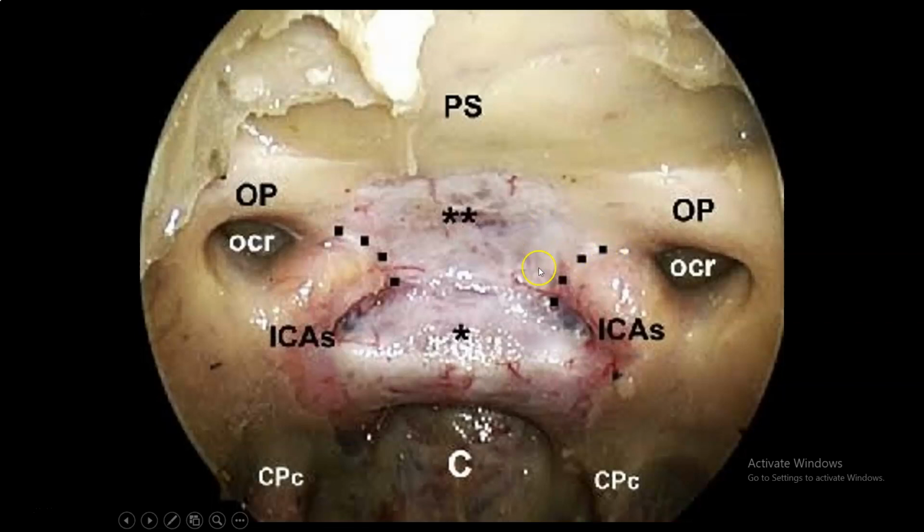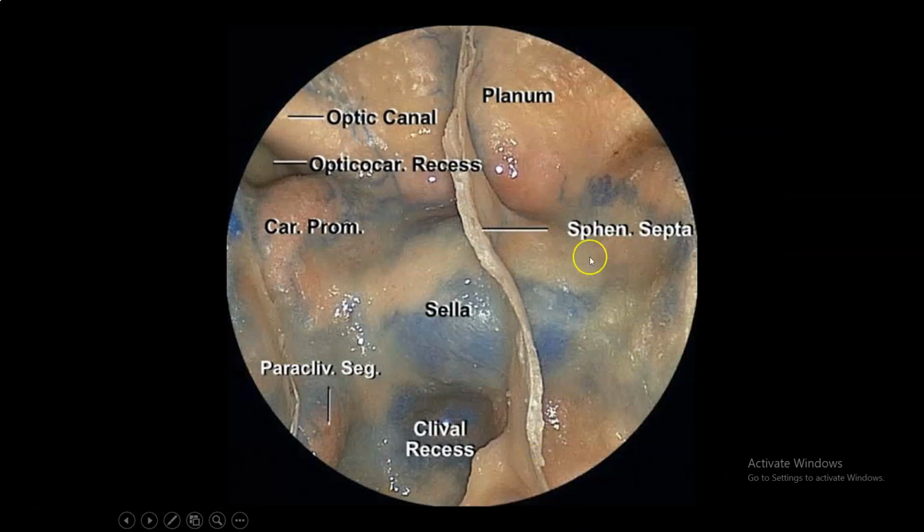So, again, the sphenoid sinus, septum in the sphenoid sinus, the sella turcica, the carotid on either side of the clivus, then on either side of the sella turcica, and the opticocarotid recess.